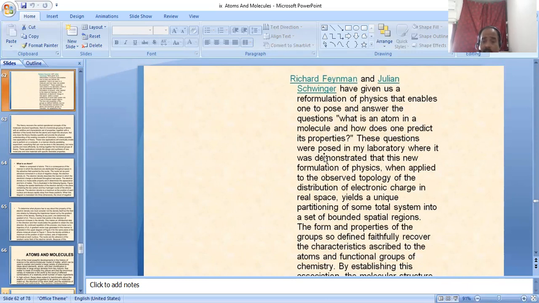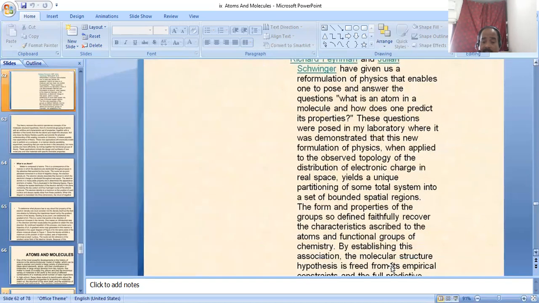This question was posed in my laboratory, where it was demonstrated that this new formulation of physics, when applied to the observable topology of the distribution of electronic charge in real space, leads to a unique partition of the total system into a set of bounded spatial regions. The forms and properties of the groups so defined faithfully recover the characteristics ascribed to the atoms and functional groups of chemistry.